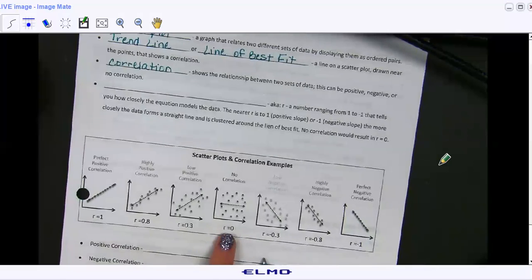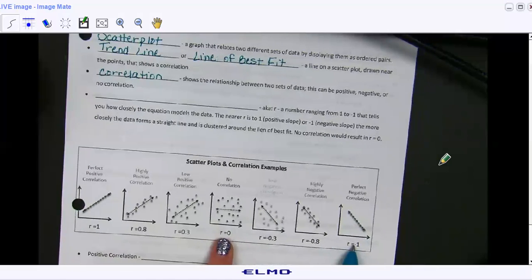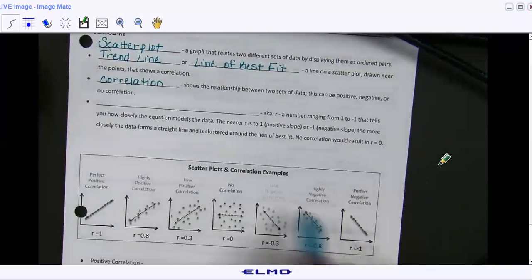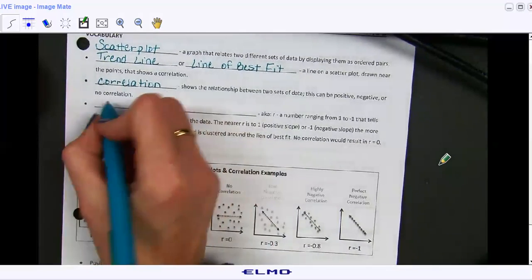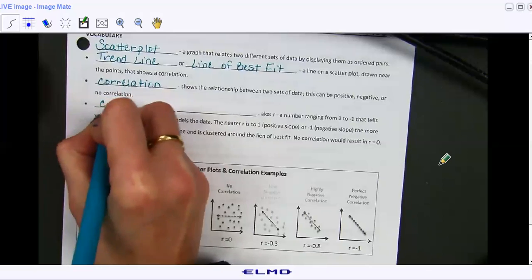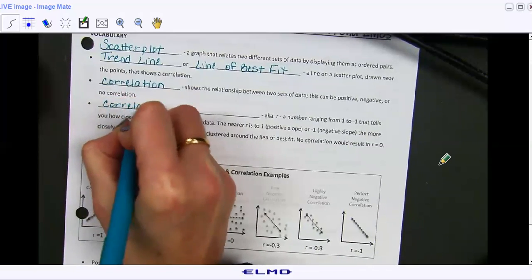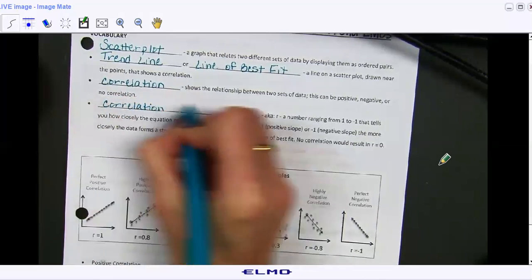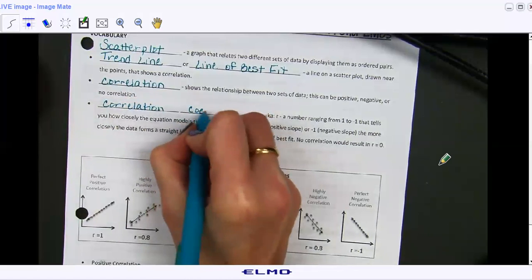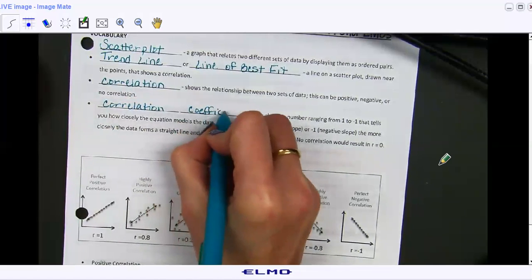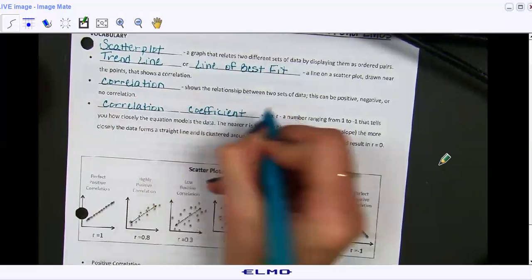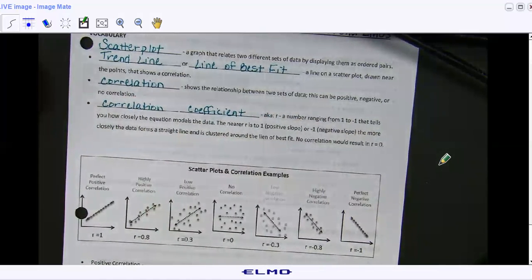If it is somewhere between 0 and -1, it is somewhat of a negative correlation. Okay, and so this last word up here is correlation coefficient. Now, there is a way of checking on a calculator what the exact correlation coefficient is, but for Algebra 1, we are just going to estimate that correlation coefficient.